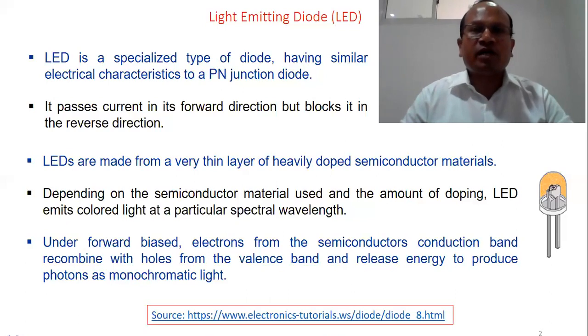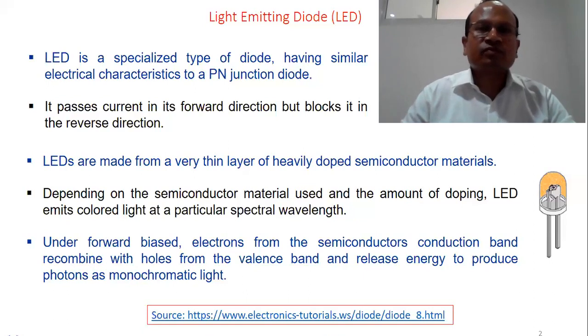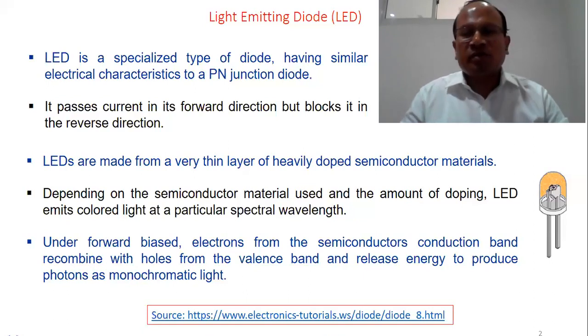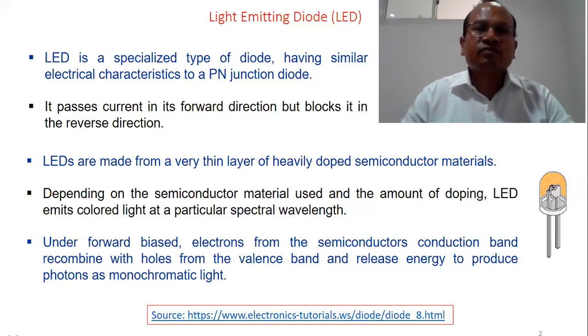Electrons are in the conduction band, at high energy level, so this process releases some amount of energy, and that energy is released in the form of photons.